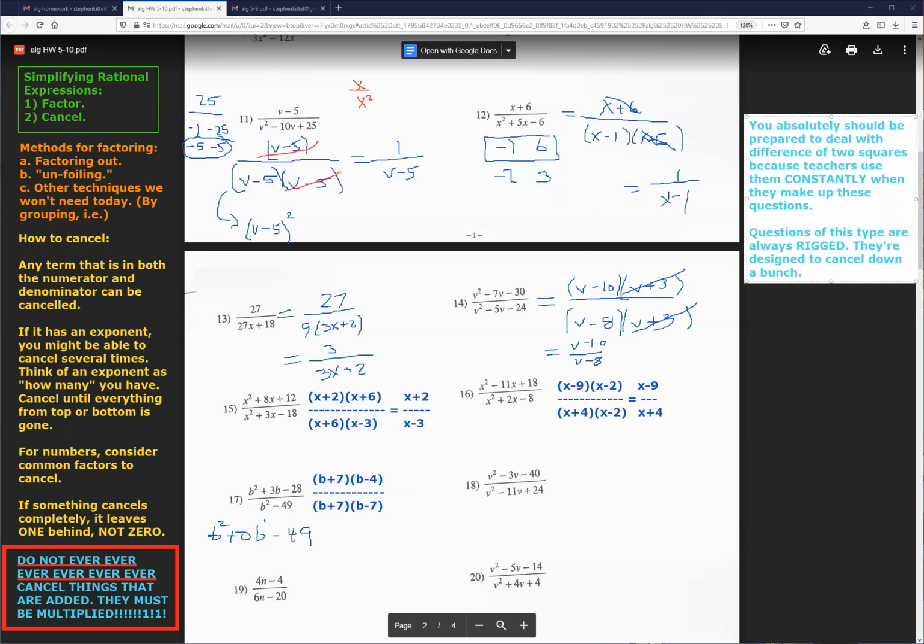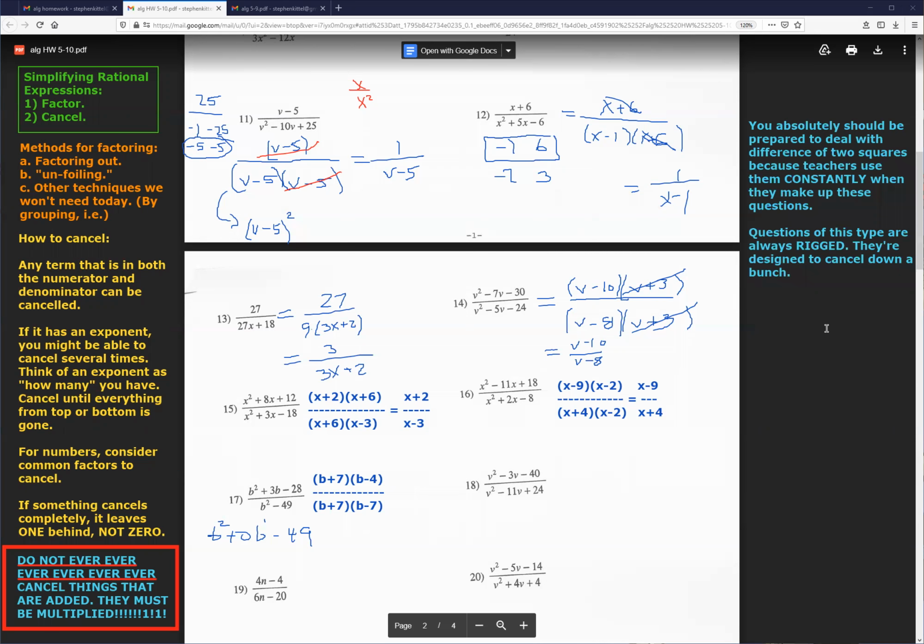I mean, that can happen. If we made up something at random, it probably would happen. But teachers always make stuff to cancel, and one of the ways that they do this, especially if they're making up a question in their head to work out nicely, is they're going to use the difference of squares. So my experience is that when writing questions like this, it's almost always going to be that when you see two terms, a squared variable minus something, it's going to be a difference of two squares, and you should immediately be prepared to do this factorization.